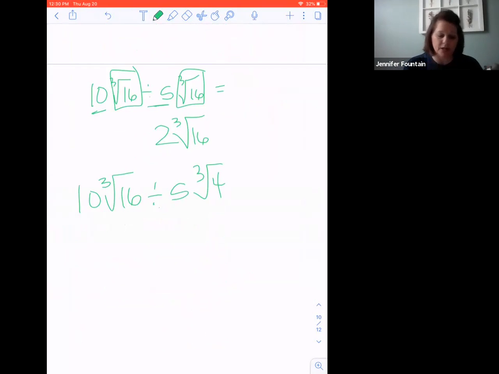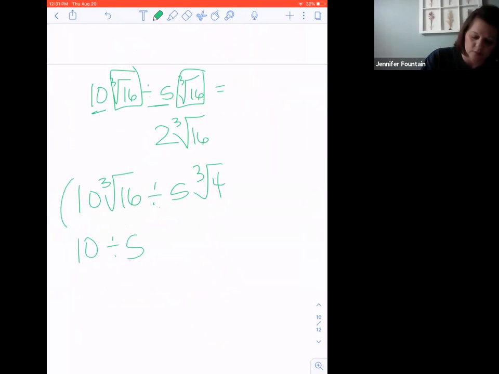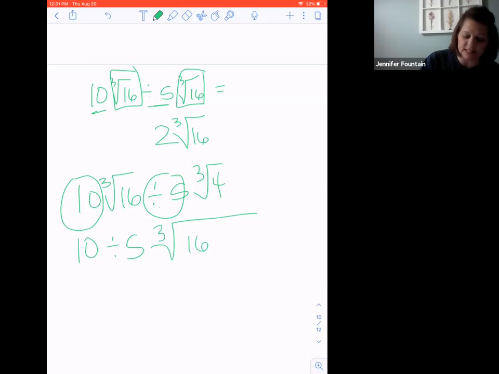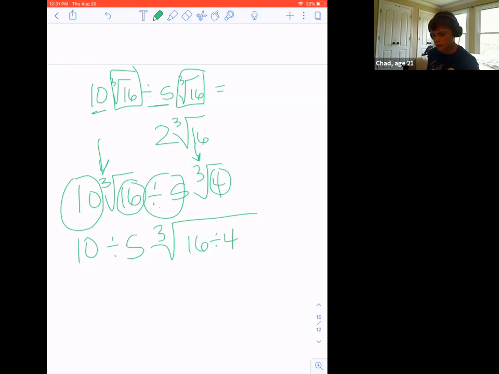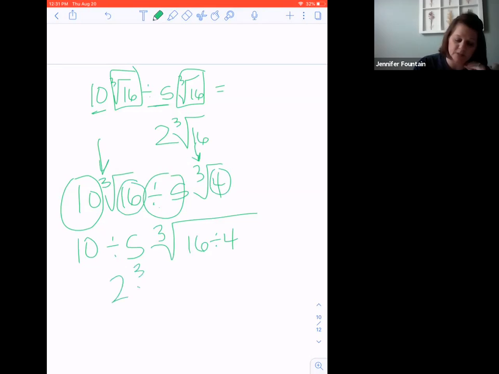So in this situation, I'm going to have 10 divided by 5, and then I'm going to have times the cubed root of 16 divided by 4. I'm going to put these together under the radical if my indexes are the same. That makes sense. Okay, so 10 divided by 5 is 2 times the cubed root of 4.